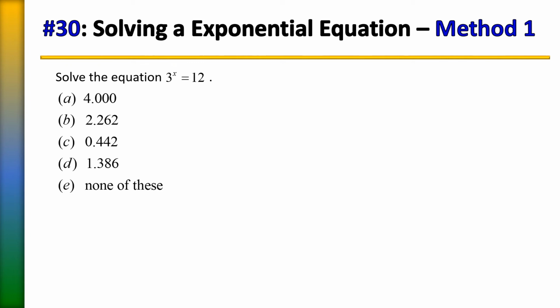So you cannot create like bases with this. So let's use some other method. How about if we use the change of base formula? When you don't have a common base, one method you can use is called the change of base formula. So rewrite it back as a log. And recall how we converted from log to exponential and then exponential to log.